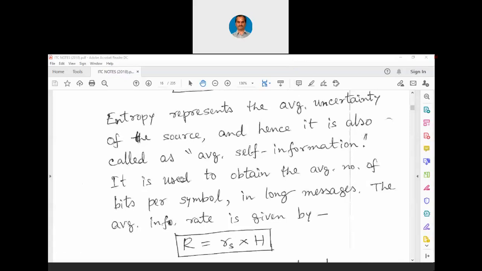It is used to obtain the average number of bits per symbol in long messages. We have assumed here that our message is long enough so that we can bring that capital N to the other side of the summation, and we can divide total I by N. So naturally we should have lengthier information.